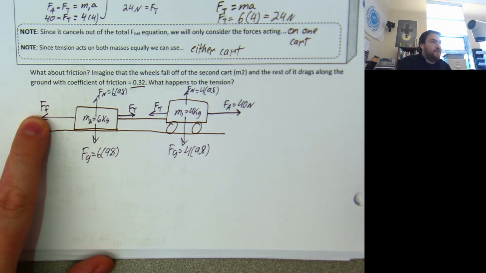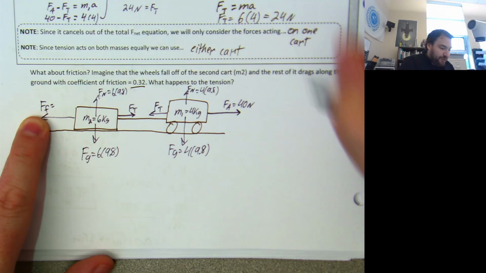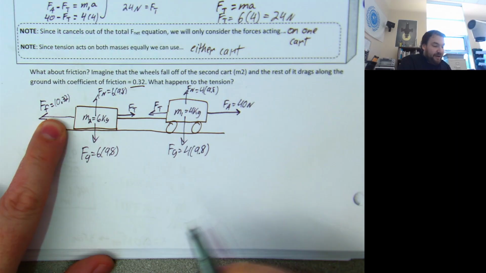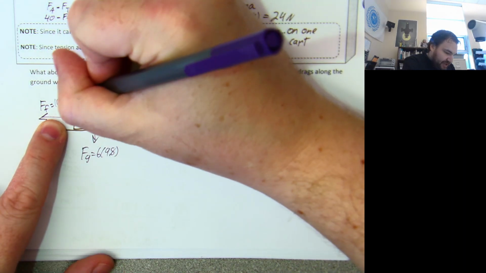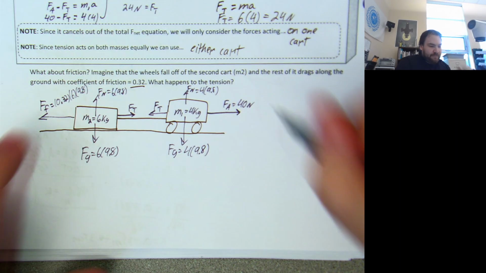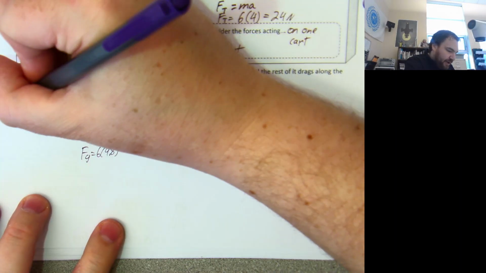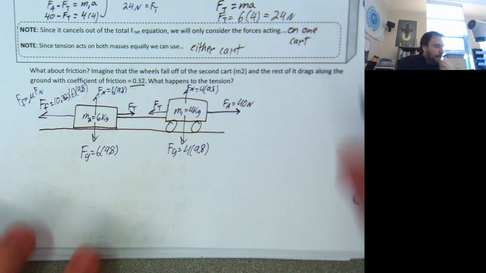And if you recall, friction is equal to the coefficient of friction mu times the normal force. So force of friction here is going to equal 0.32, and we already have an expression for the normal force. Times 6 times 9.8. If you forgot where this came from, I'll make a note here. Force of friction is equal to mu times Fn.